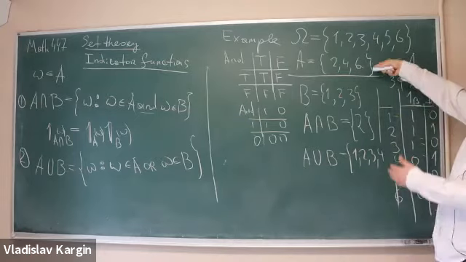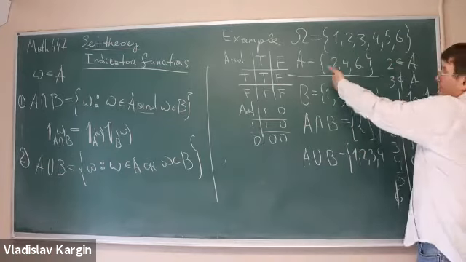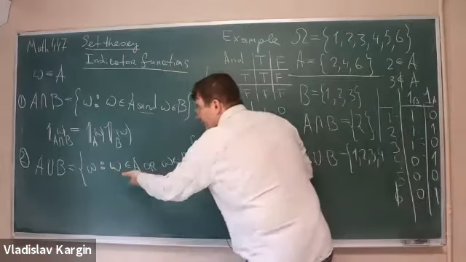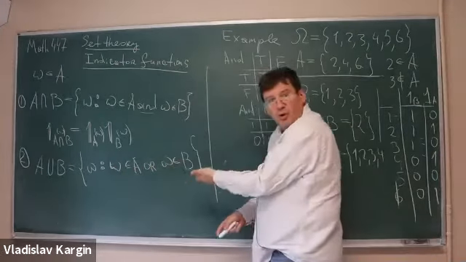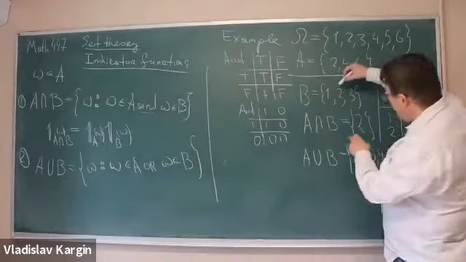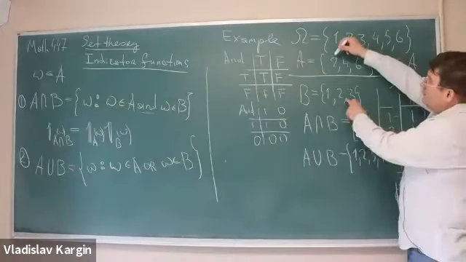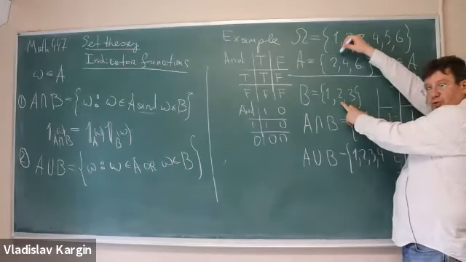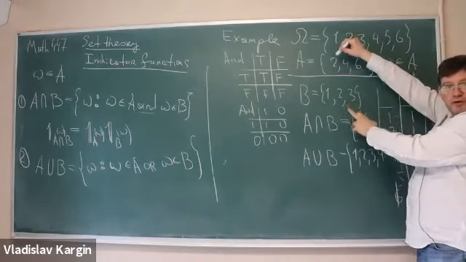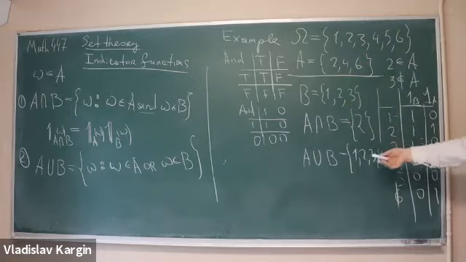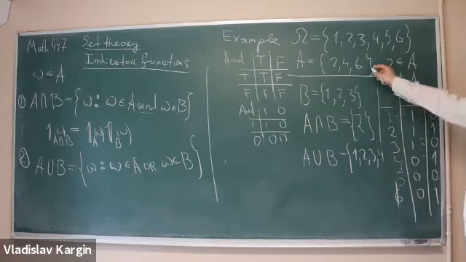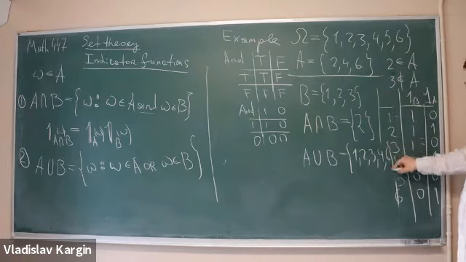So 5 is absent. 2 was in both and we counted it once. So omega belongs to A or omega belongs to B or to both. That's why 2 is okay. 2 was in both, but by or we mean not exclusive or, but the regular or. So now 1, 2, 3, 4, 5 is absent, 6 is here. So this is a union.